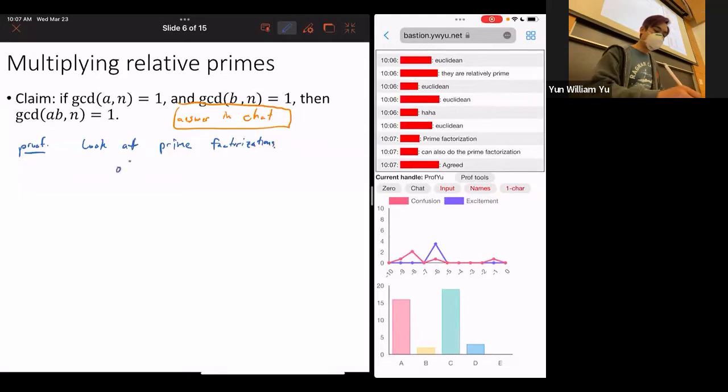of A, B, and N. So clearly, A and N have no primes in common. And B and N also have no primes in common.